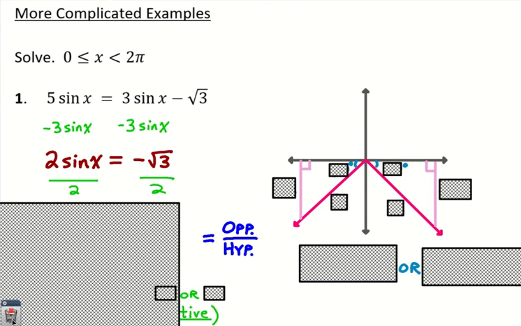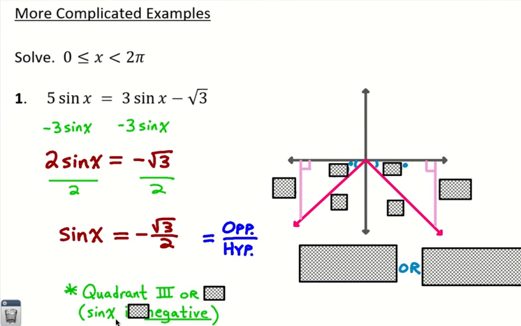Now, you could go through the whole picture stuff, where the sine of whatever could be negative in these two quadrants, which means you draw pictures in these two quadrants and you use SOHCAHTOA to label the triangles.